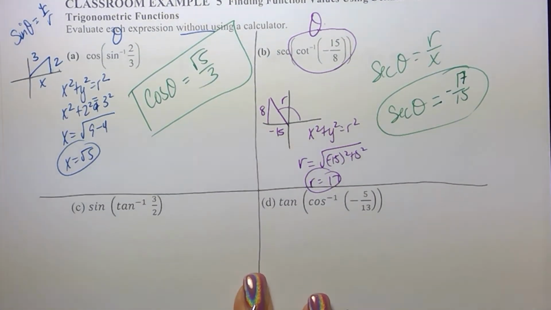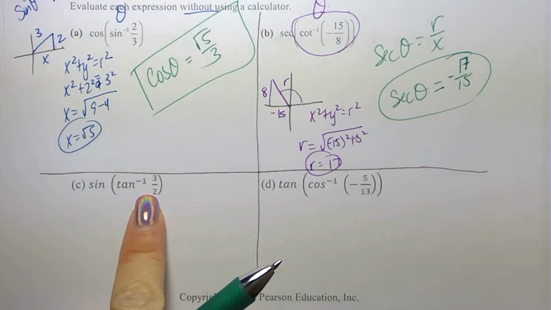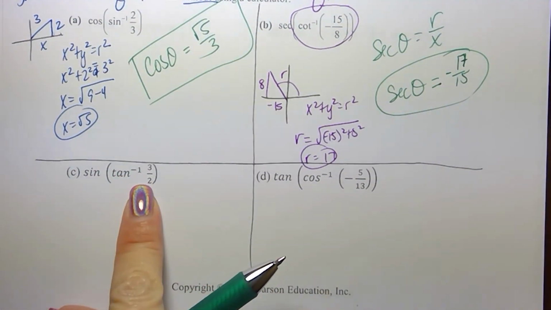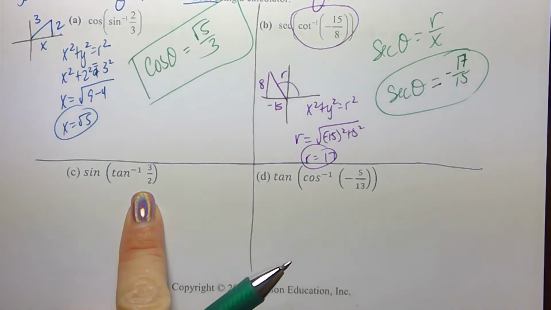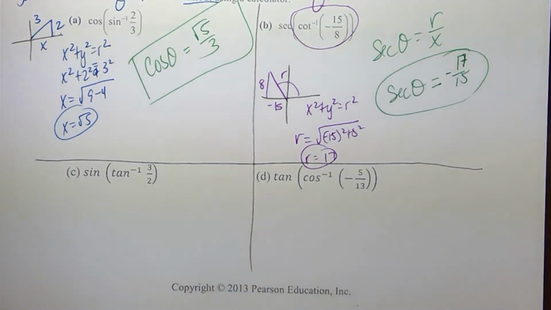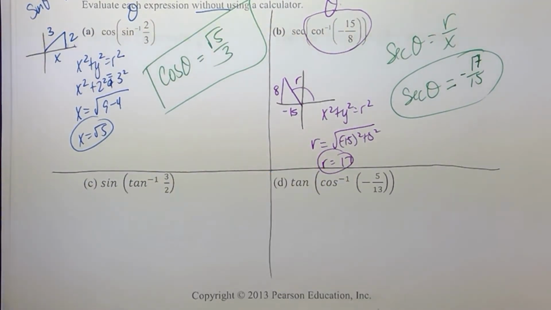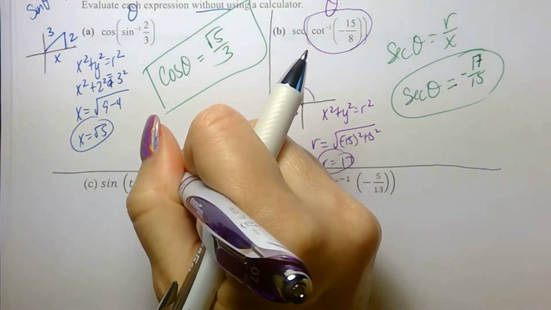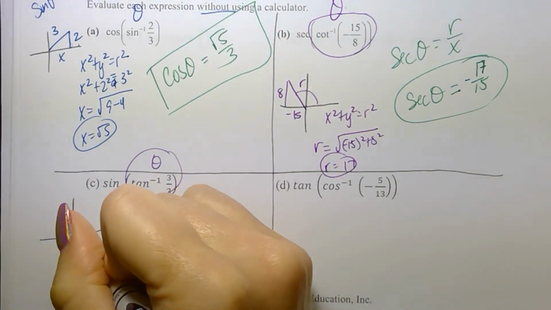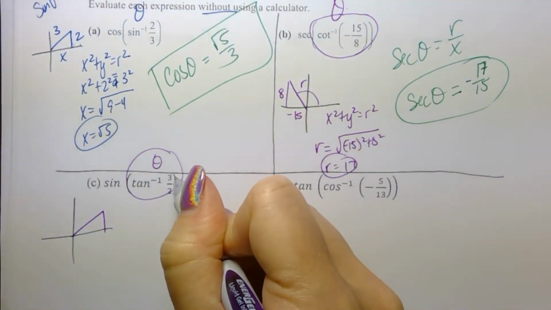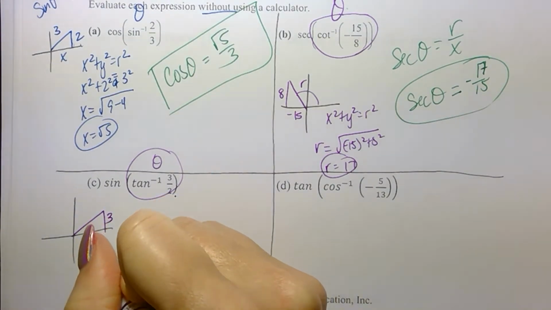All right, for C, I'm asked to find the sine of some angle theta. I know that the tangent function value is 3 over 2. Tangent inverse is positive in quadrant 1, so my angle theta is in quadrant 1. Tangent is y over x.